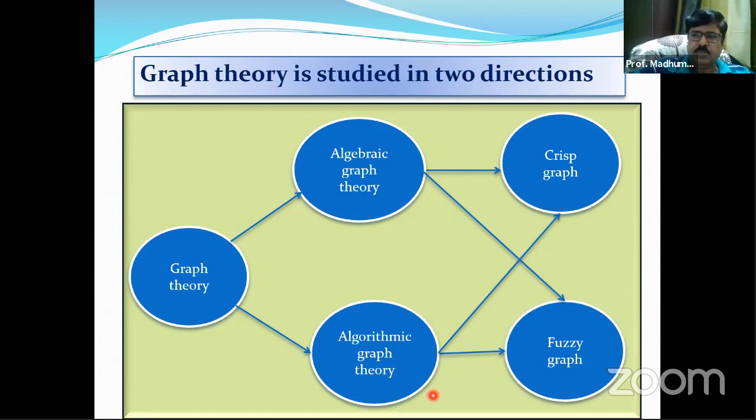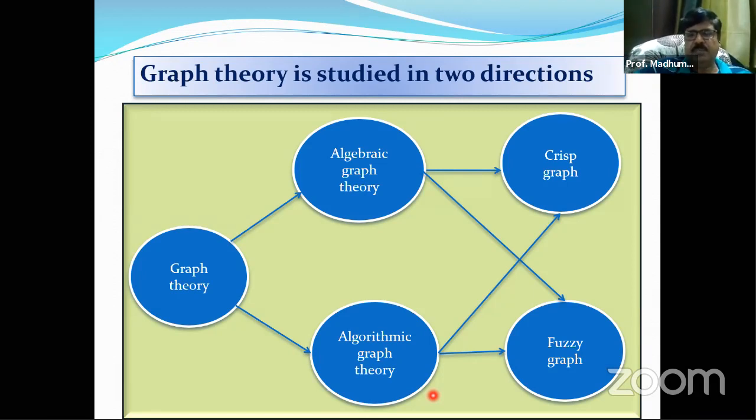Some people from South India, Pakistan, China, USA, Sri Lanka, and many other countries are working on fuzzy graph theory, but 95% of people are working on fuzzy algebraic graph theory. Very few people are working on fuzzy algorithmic graph theory.